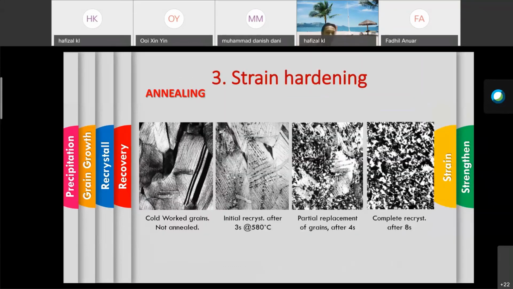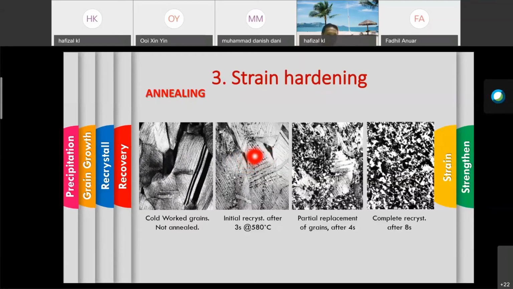So this is the macroscopic image. As you can see, this is the real image, taken by using a scanning electron microscope. This is the original cold worked metal, but the ductility of this metal is low. So they want to increase the ductility. During the process, they increase the temperature below the melting temperature, and it will start to initiate the recovery process, and then recrystallization takes place.